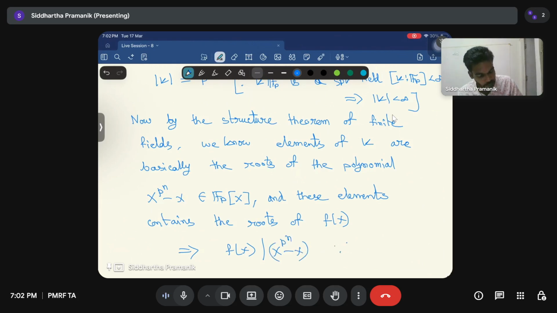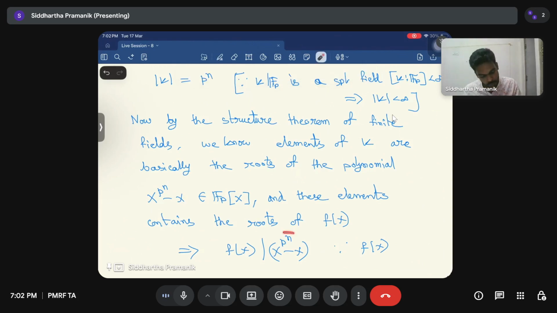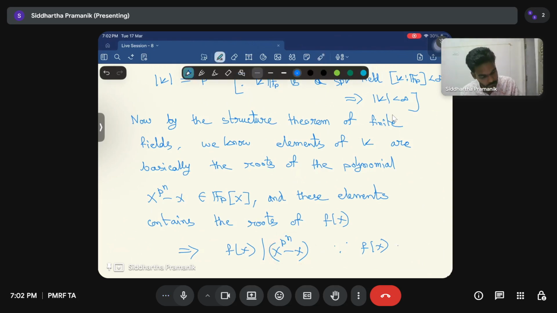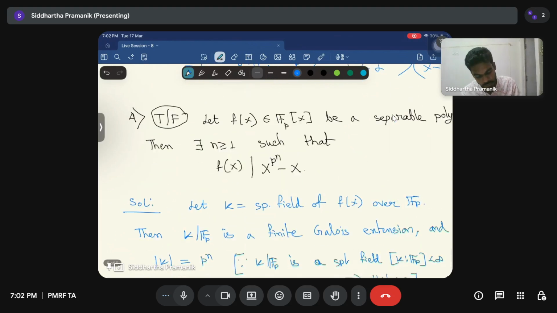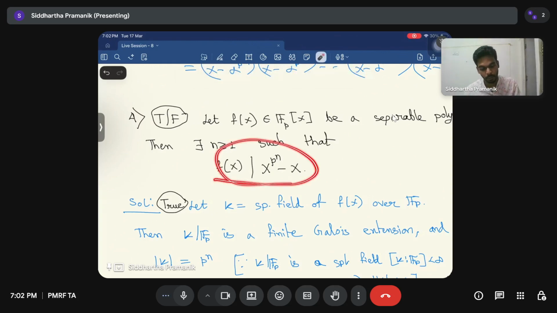And because f(x) is separable, it has no multiple factor, so it has only simple roots, and all the roots are roots of this polynomial also. So this is true. There exists some n such that f(x) divides this polynomial.